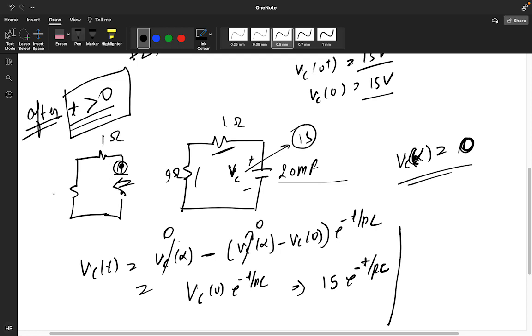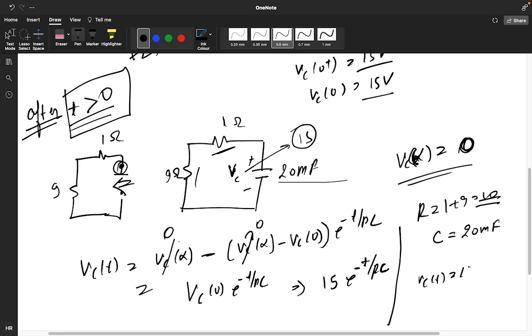This is 1 ohm, this is 9 ohm. So what value of R will come? 1 plus 9, 10. So we got the value of R as 10, and the C value is given 20 microfarad. So put the value, get the result.